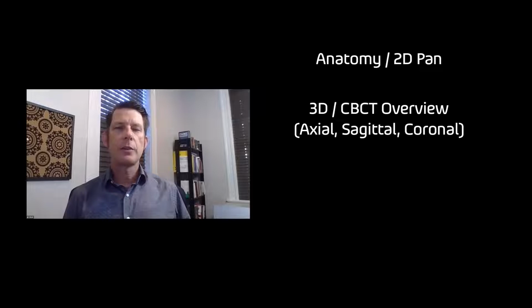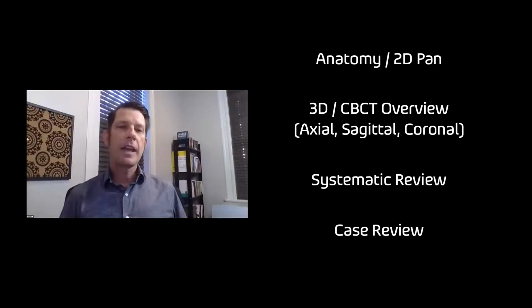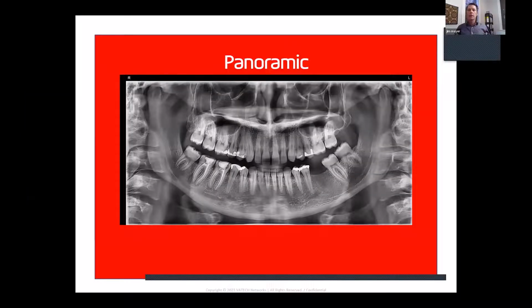And then we're going to get into a systematic review of the cone beam with a focus on anatomy. And then lastly, you've been generous enough to work up a case review of the data set we're going to be looking at, followed by a question and answer session. Yes, absolutely. Well, doctor, let's go ahead and start with our first topic, anatomy in our panoramic.